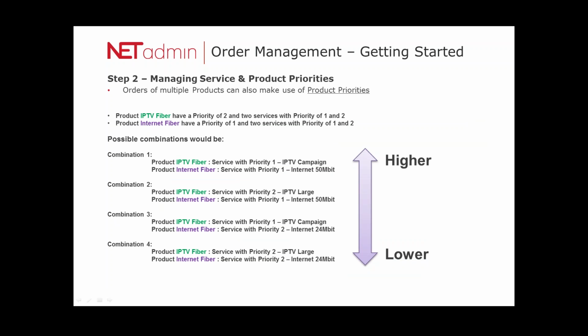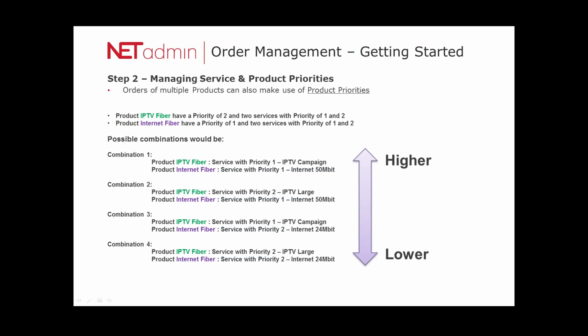So if we look at the example in the bottom, let's say that you have two different types of products, one which is called IPTV fiber and the other is called internet fiber. And the way it's set is that internet fiber has priority 1, and then you set IPTV fiber product to priority 2.